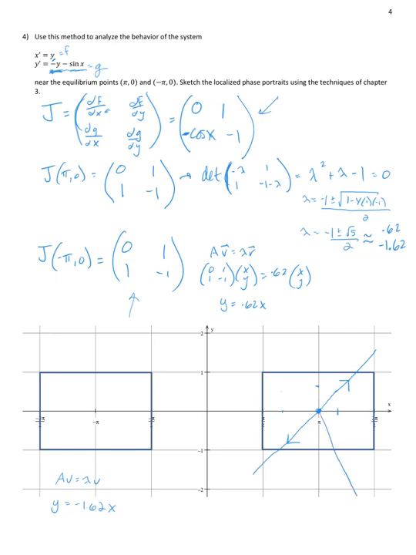So this is my other straight line solution, and it's the negative eigenvalue, so it points in, and then my saddle pieces look like this. And then this equilibrium point is going to look exactly the same as the one at pi, because it has the same Jacobian matrix.